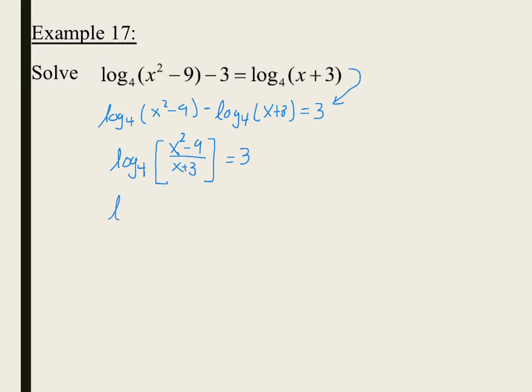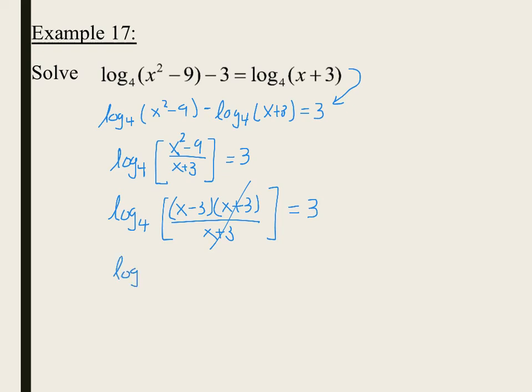This is the log base 4 of (x minus 3) times (x plus 3) over (x plus 3) is equal to 3. Those cancel, so I'm left with log base 4 of (x minus 3) is equal to 3.